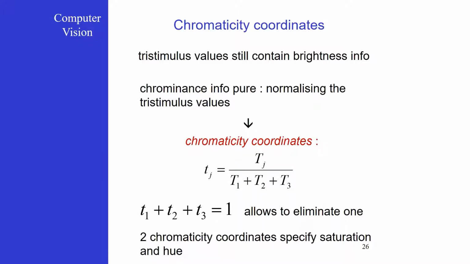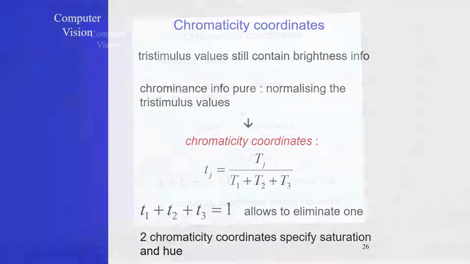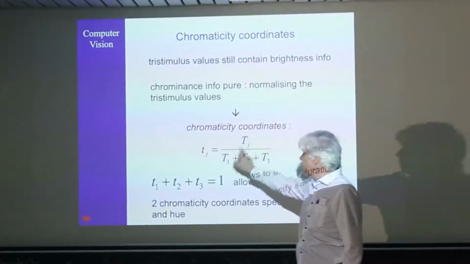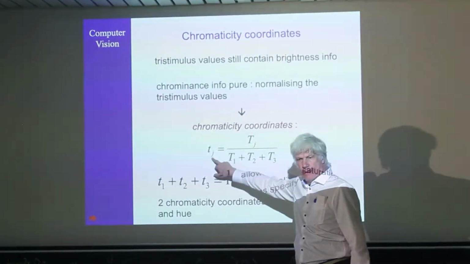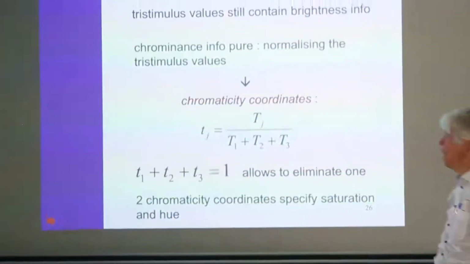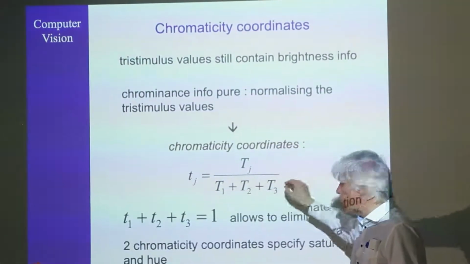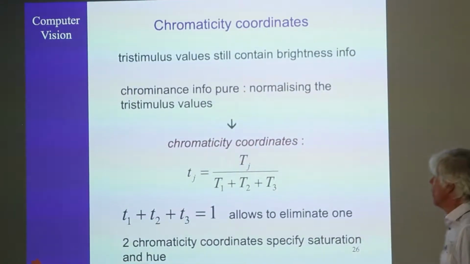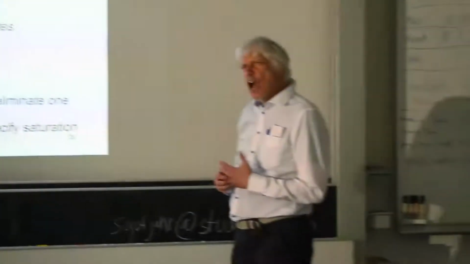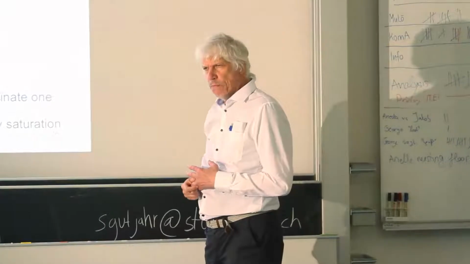So now, from the three capital T stimulus coordinates, we generate these three lowercase t coordinates by dividing every one of the capital T's by the sum of them. It's like peeling out the intensity information.